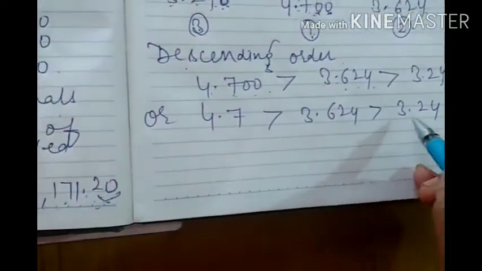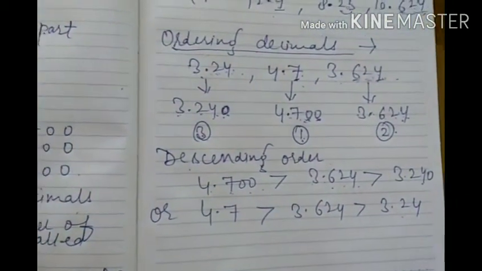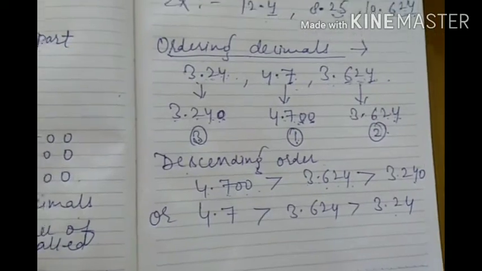In this way you will write decimal numbers in ascending and descending order.